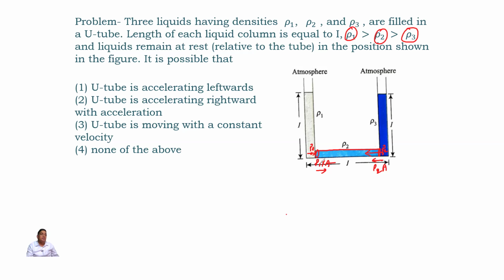Area means area of this cross section I'm taking. So P1A minus P2A is a positive quantity. It means this liquid is moving rightward. So U2 is accelerating rightward.